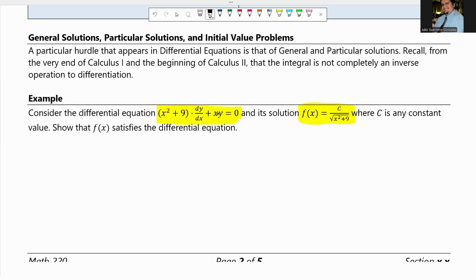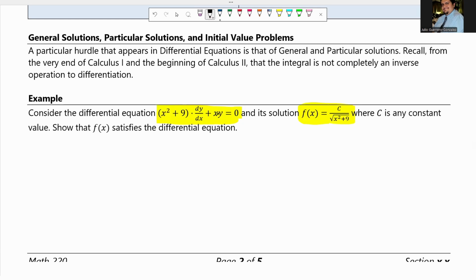Now notice I say the c is any constant value. It can be whatever you want. I'm going to prove to everybody that this f of x satisfies the differential equation. So this works out exactly how you think it does. In this case, I only need the first derivative.